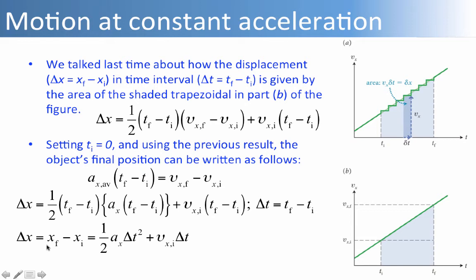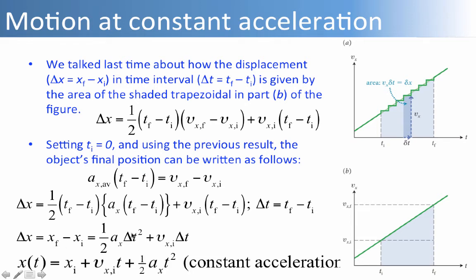And so given that this is x final minus x initial, we can now write x of t, which is the same thing as x final at any time, equals x initial plus v initial in the x direction times delta t, or t, plus 1/2 a sub x delta t, or t squared. We write delta t often to make it really clear, but when we say t, we're also talking about the change in time from some initial time. In this case, the initial time would be t equals 0.